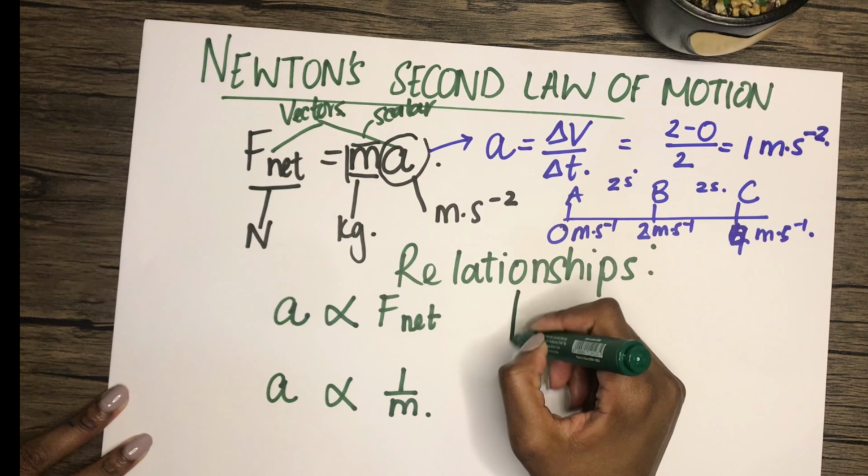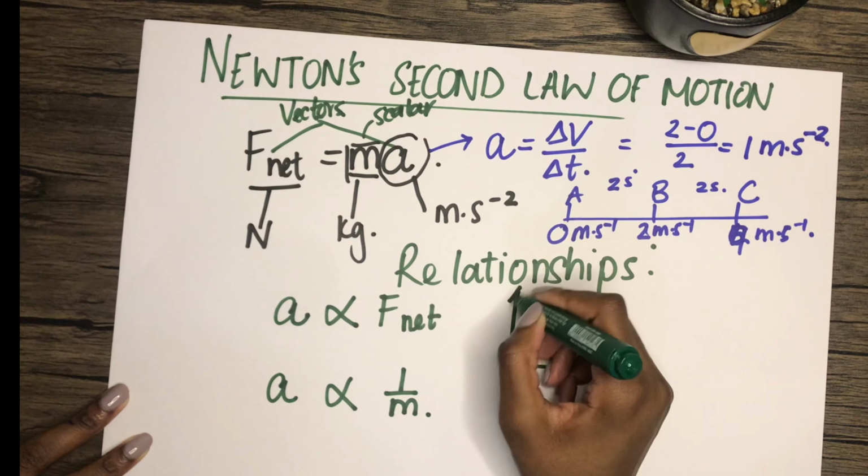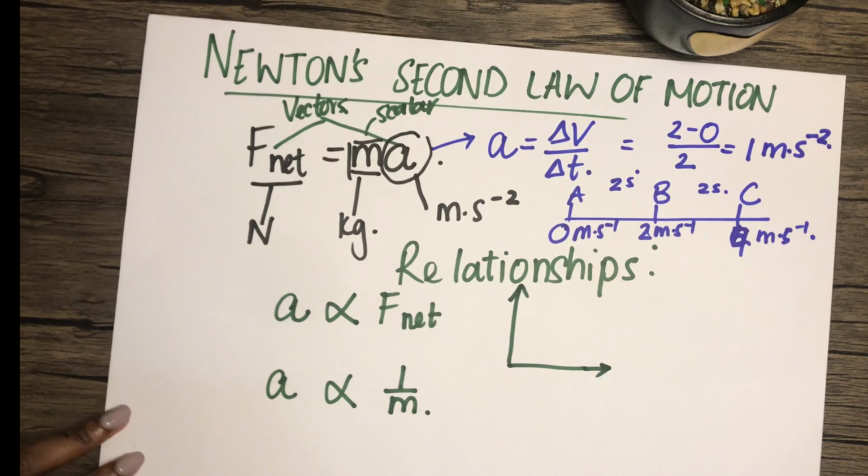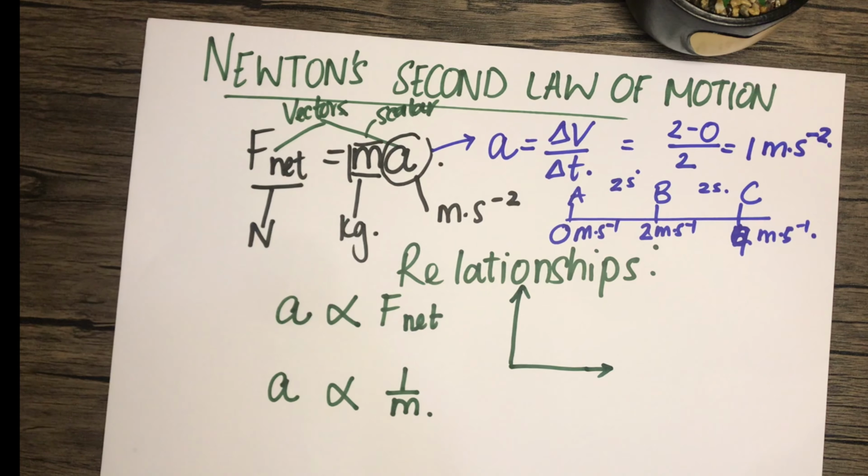You can do an experiment where, in any graph, you must have a dependent, independent, and controlled variable. In your investigation, there must be some things that are constant. We call them the controlled variables, things that remain unchanged throughout the investigation.